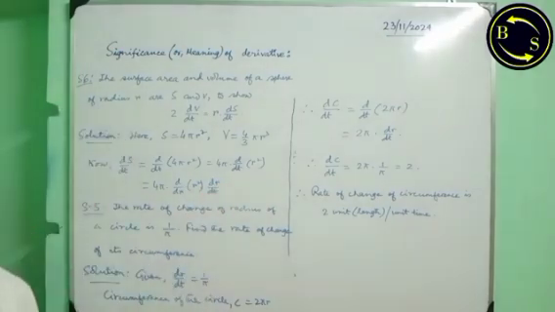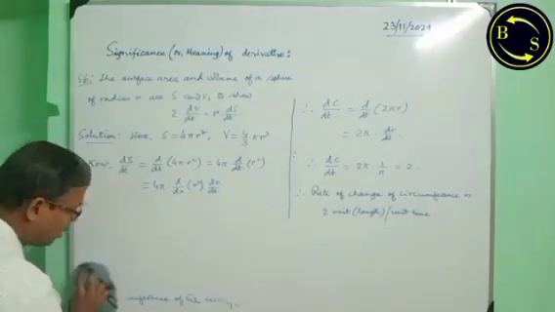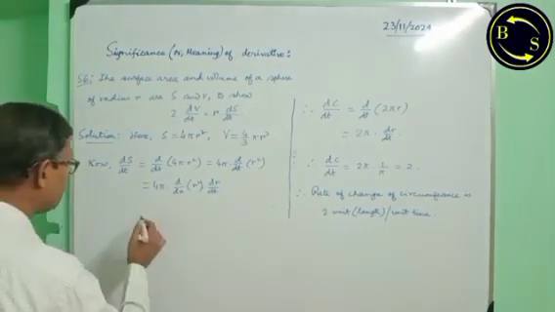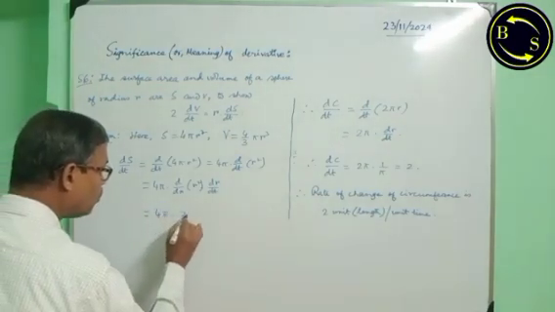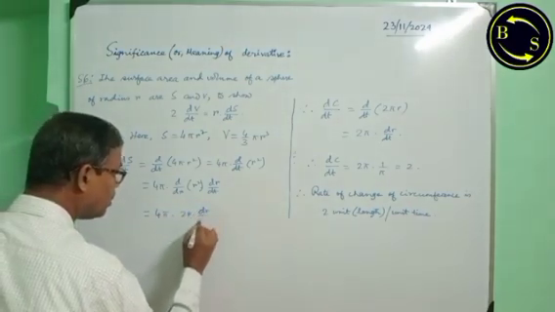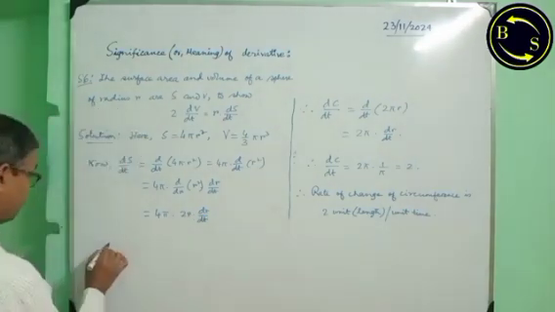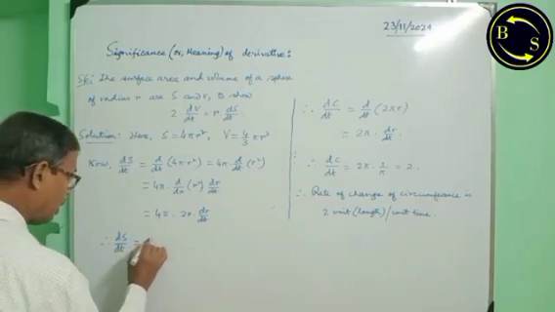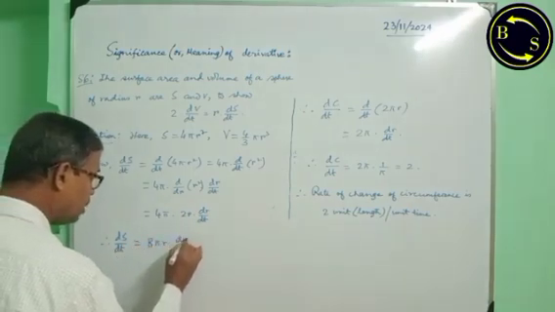Here I have applied the chain rule. Already I have discussed the matter in the earlier classes. Finally, the result will be 4 pi into 2r into dr/dt. Therefore, dS/dt is equal to 8 pi r dr/dt.